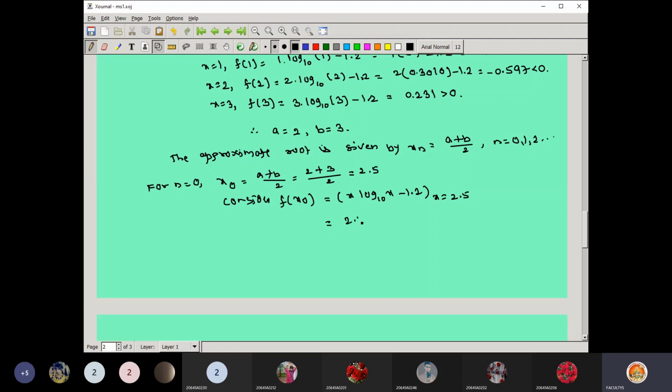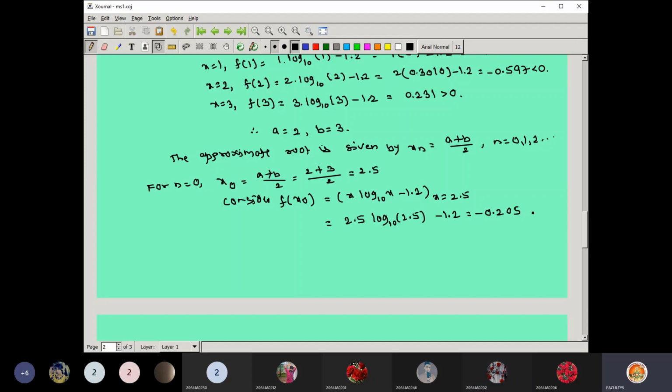So 2.5 logarithm of 2.5 minus 1.2. Give me the answer. Substitute as the expression is given to us. Tell me the answer. Minus 0.205.